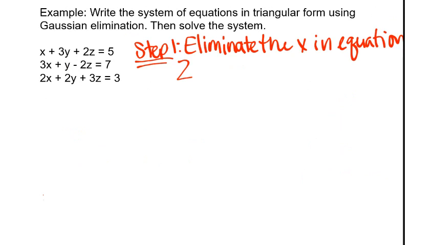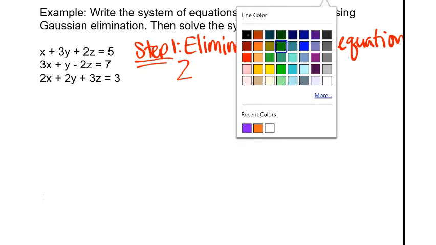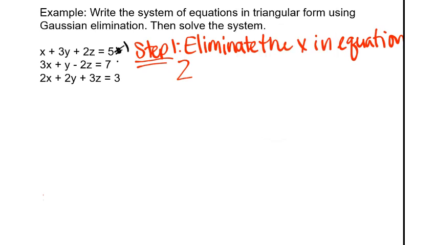Alright, so I can multiply my equations. But first, it'll be good if we number those equations. So our top equation is going to be equation 1, our second equation is going to be equation 2, and the last one is going to be equation 3.